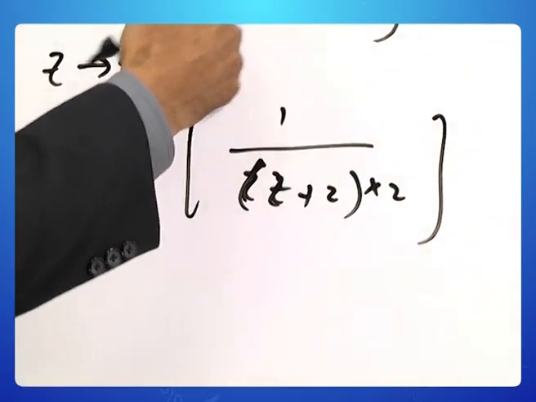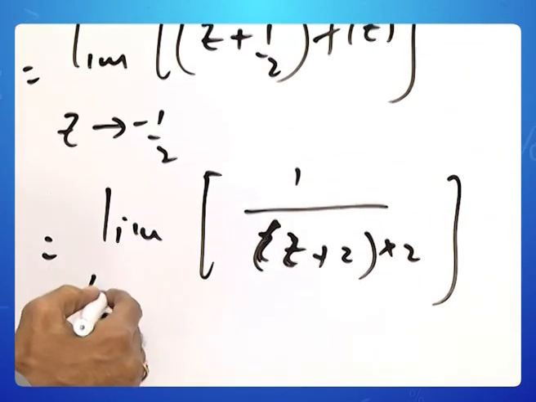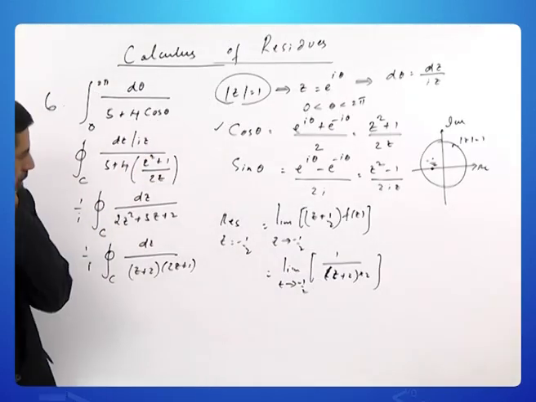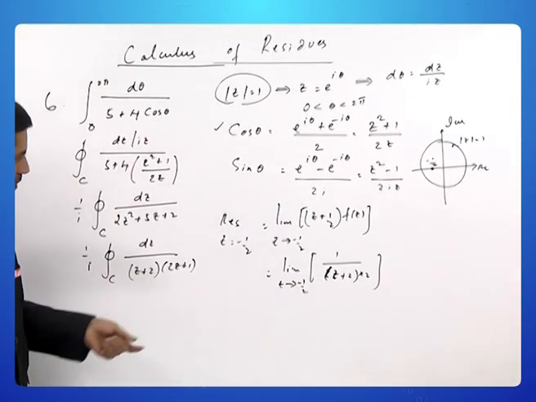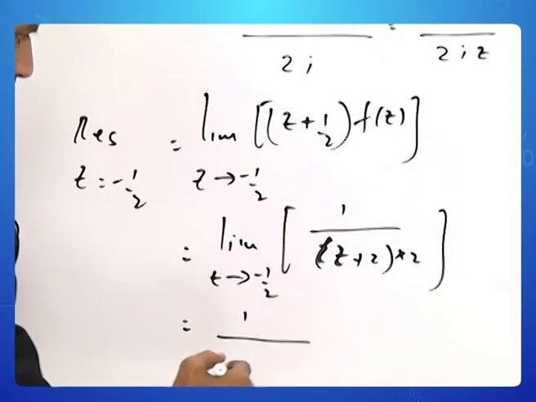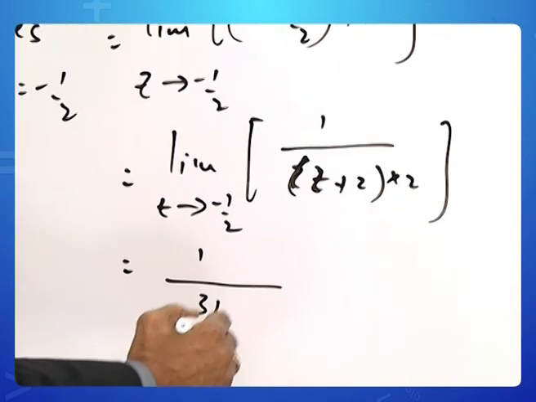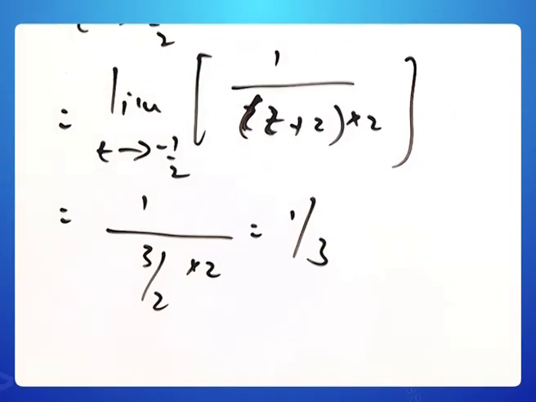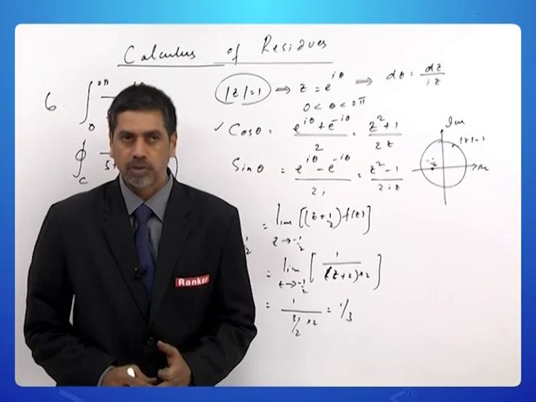This 2 is because we are taking the LCM here, as z tends to minus half. When you substitute that, you get 1 by minus half plus 2, which is 3 by 2, into 2. So you will get 1 by 3. So 1 by 3 is the residue.